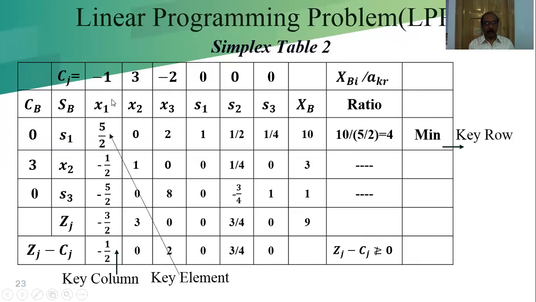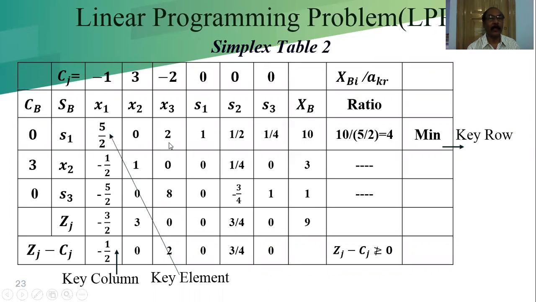So X1 is our non-basic to basic, that means it is entering into the basic variable. That means x1 right now is non-basic, it is entering into the basic variable.